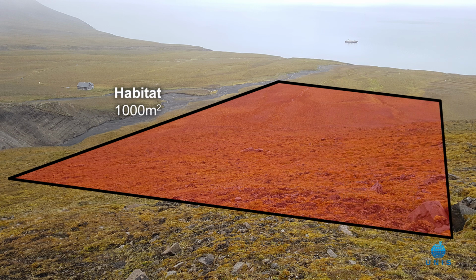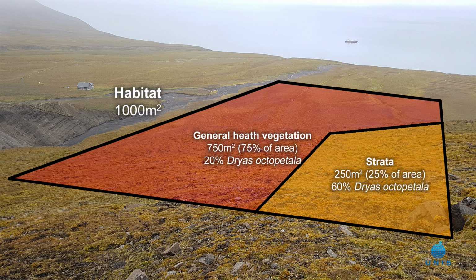In order to make up for this difference, a habitat can be divided into one or more strata. In this example, our heath tundra has been divided into two strata that have a more detailed level representing two different communities.